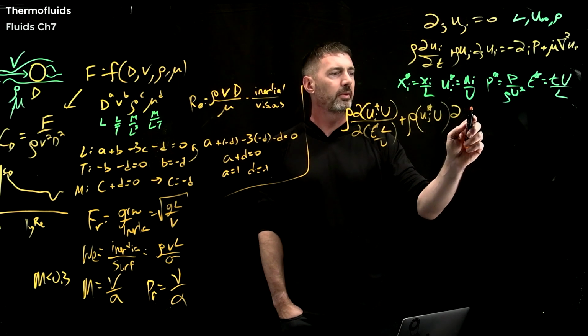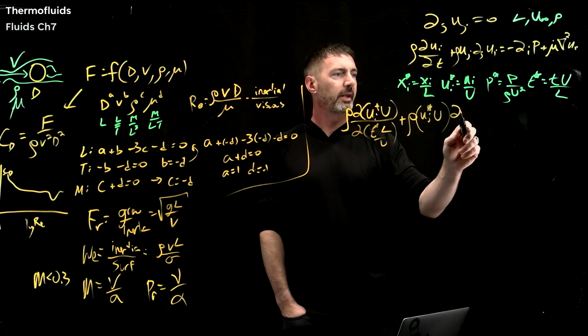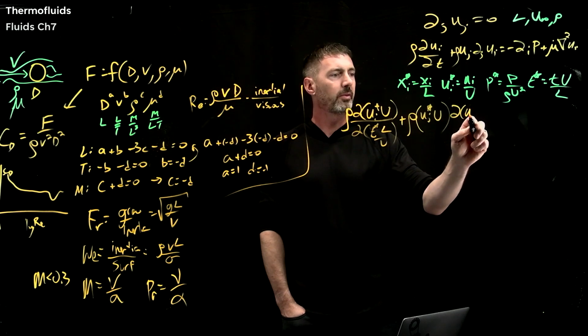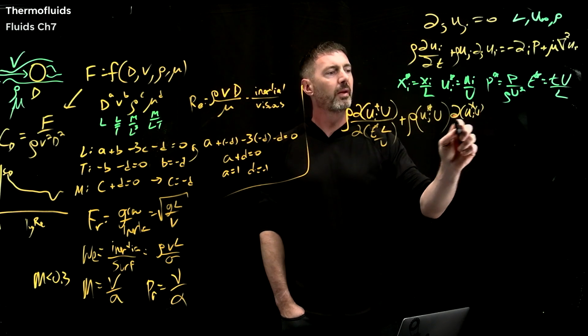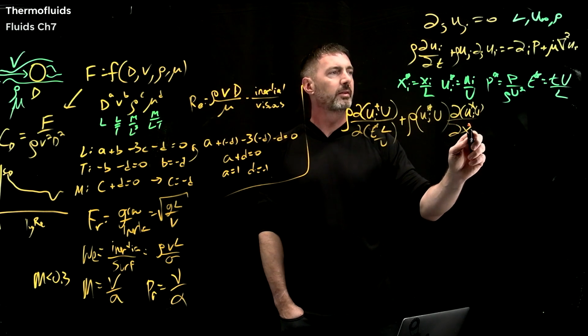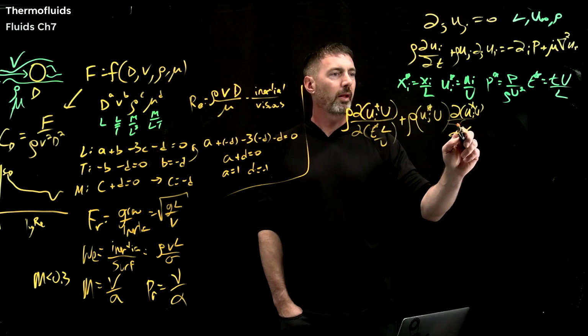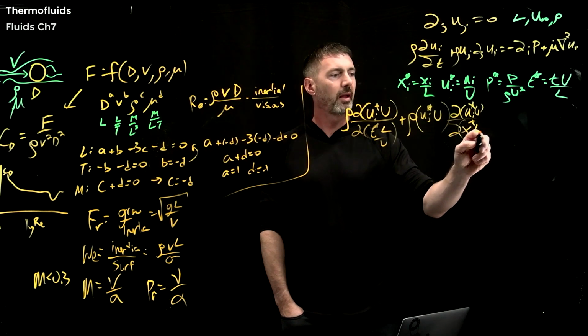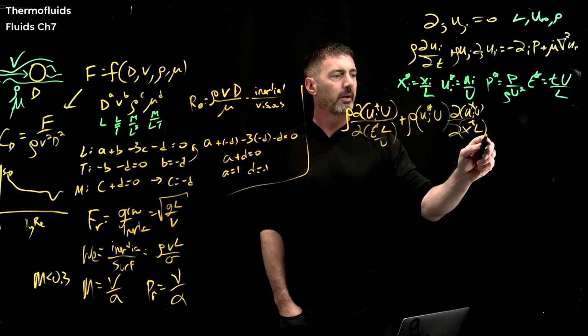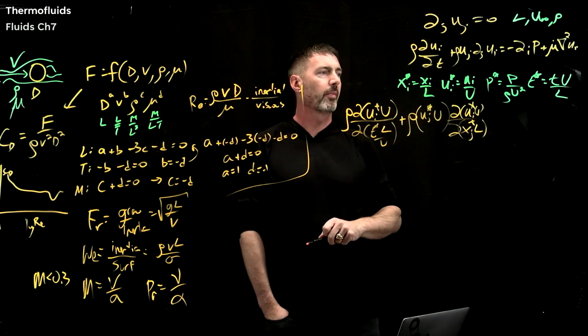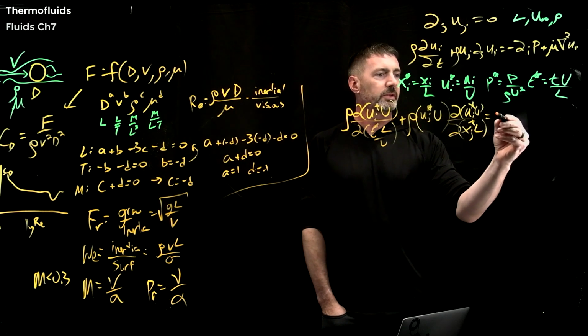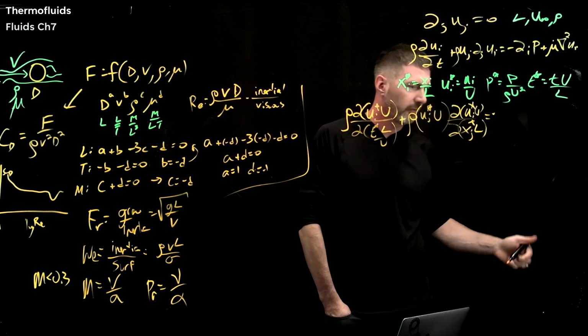So this is d by ui star, so ui star u by dx j. Well, x is x star L, solving for this one, xj. And that's equal to, oops, lost my cap.